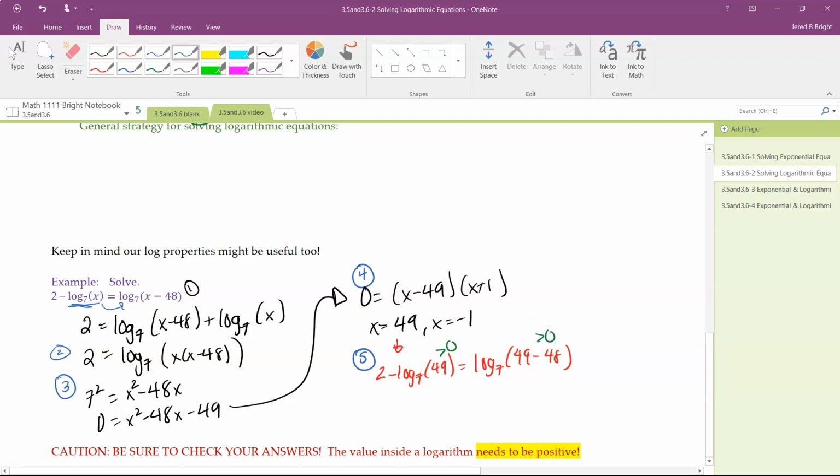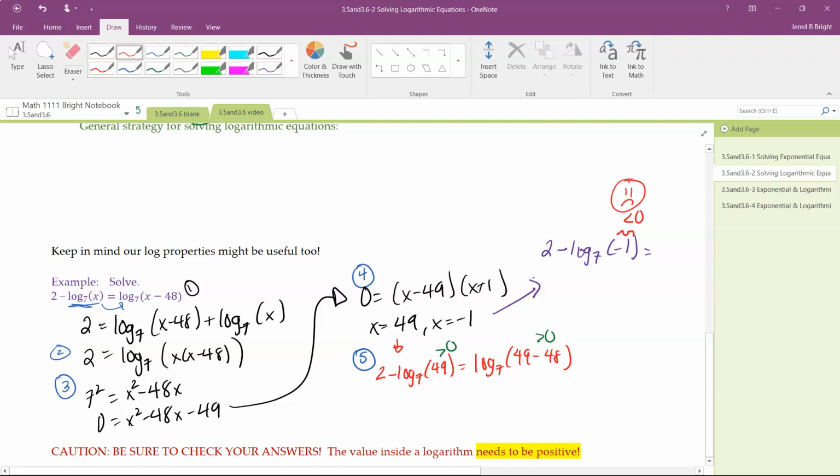When I go to check minus 1, what do I get? Well, this is going to be 2 minus log base 7 of minus 1. I can go further, but I can tell you this is not good because this minus 1 is negative, and that doesn't work as far as a requirement.